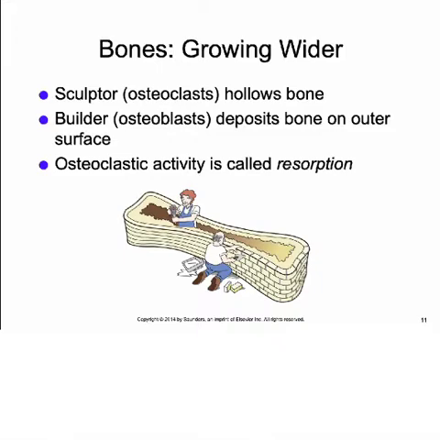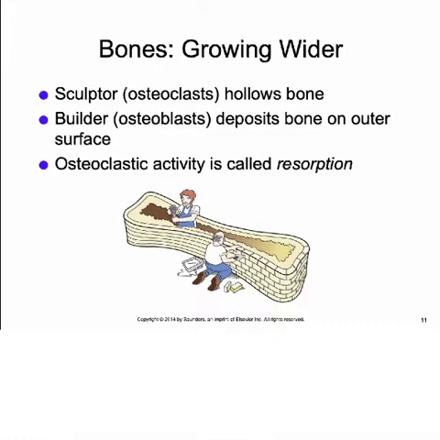And that's one of the reasons why we encourage people 65 and older to do weight-bearing activity at least half an hour a day, because by that age, the dissolving of bone has outstripped the deposition of bone, and the bones have a tendency to become softer, and that's a condition called osteoporosis.